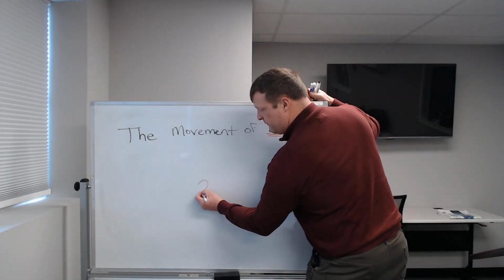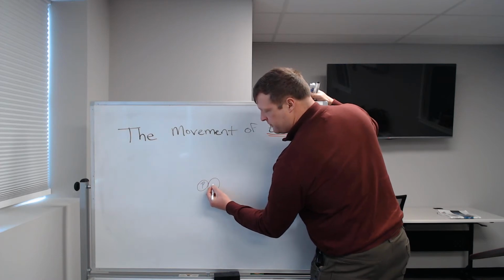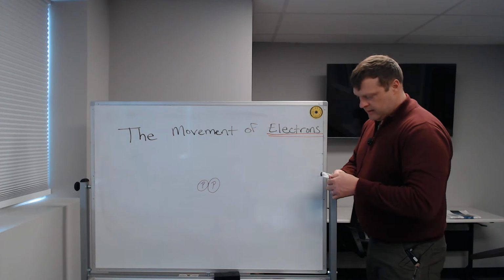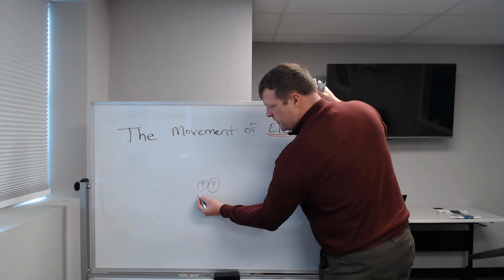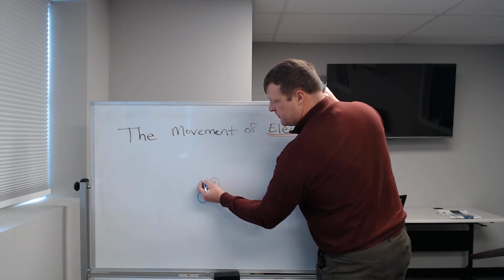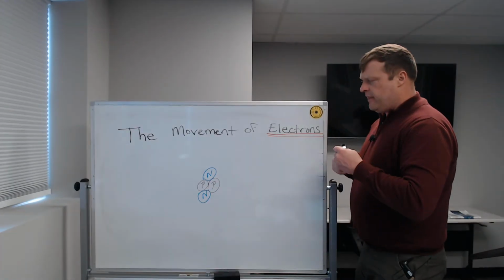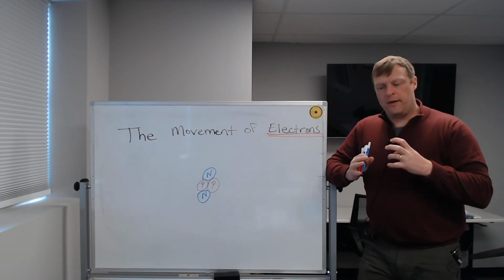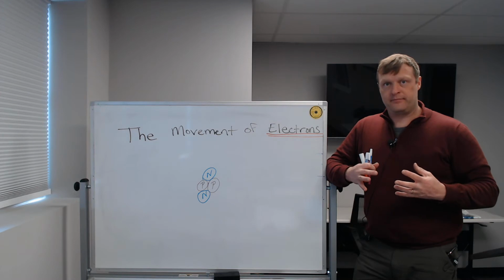Let's say we have 2 protons, okay? And then we'll make blue neutrons. The neutrons and the protons, they cluster together and they form what is called the nucleus of an atom.